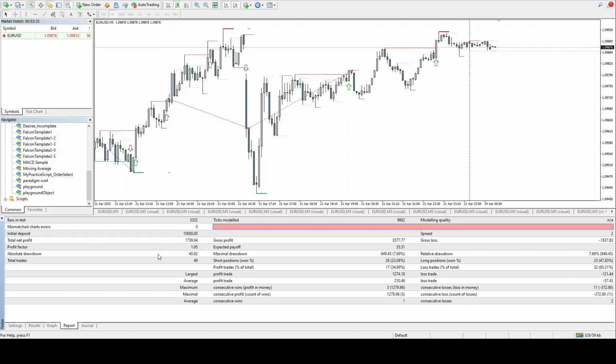So the absolute drawdown is 0.4%, and the maximum drawdown has reduced by almost 3%. So 17.3 or 17.4%. So let me record that.